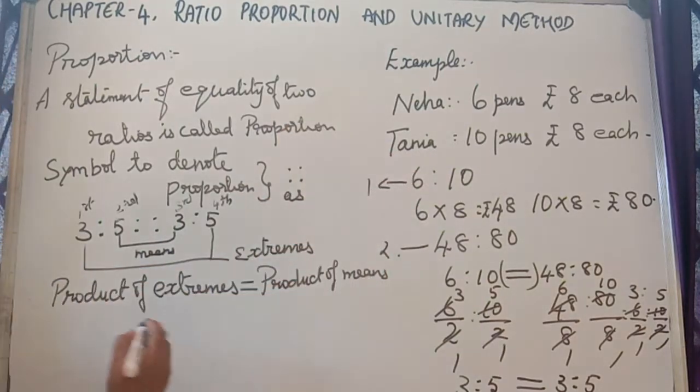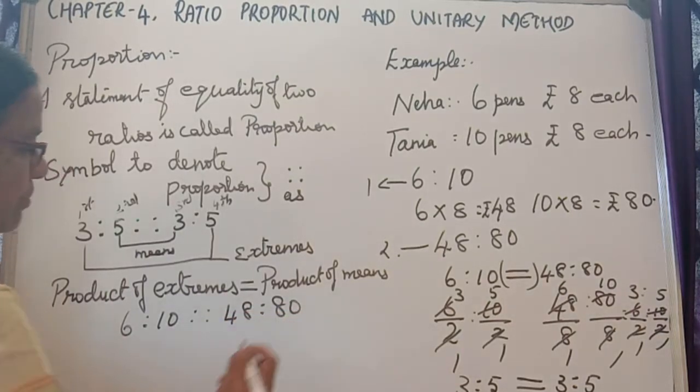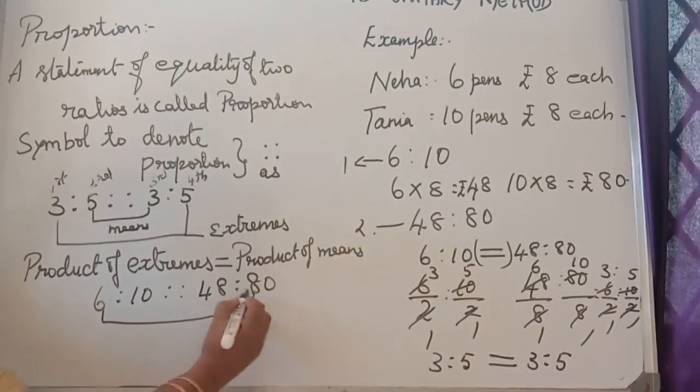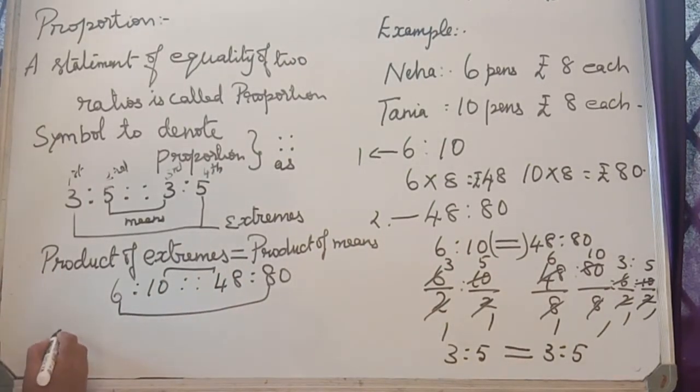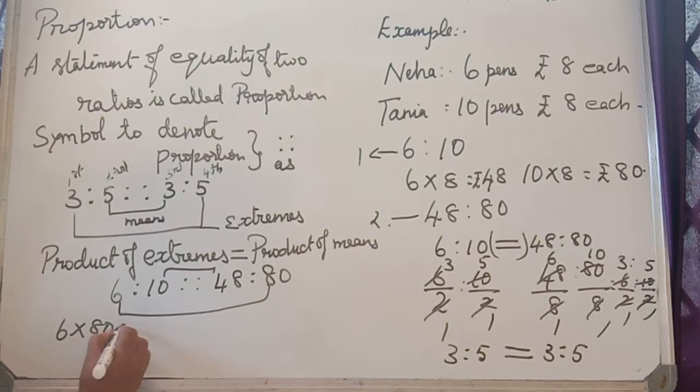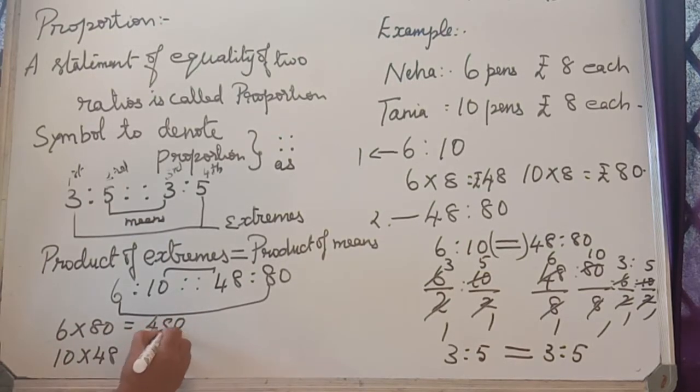Now we will take this example. 6 is to 10 as 48 is to 80. Now we multiply the extremes and the means. Now 6 into 80. Here 10 into 48. Here 6 0s are 0, 6 8s are 48.